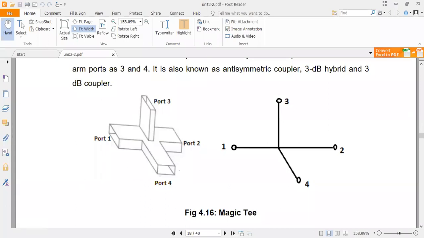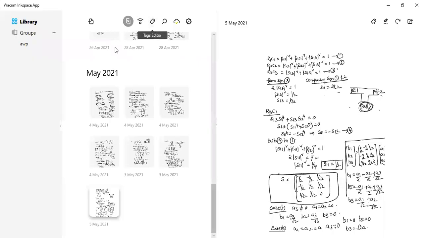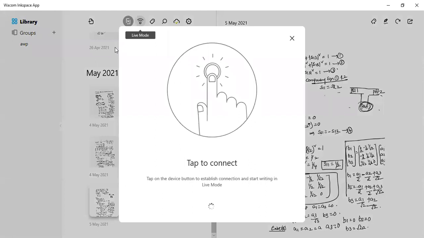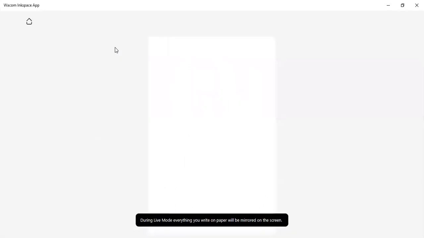I'll try to do the derivation of magic T. As I mentioned, magic T consists of 4 ports. Let us consider the 4 ports.